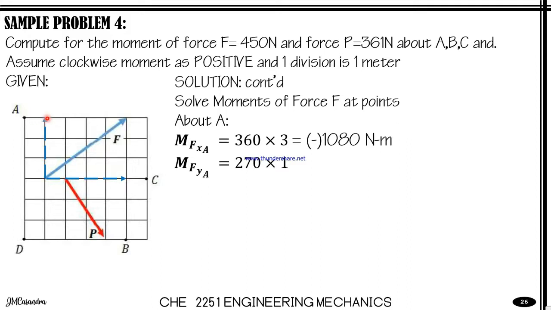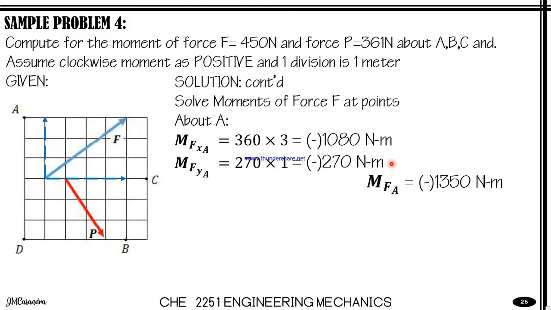And it will cause a negative rotation, or counterclockwise rotation. So therefore, it is negative 270 Newton meters. So next, we can solve for the total moment of force F at point A as simply the sum of the moments of the x and y components, which is negative 1350 Newton meters.